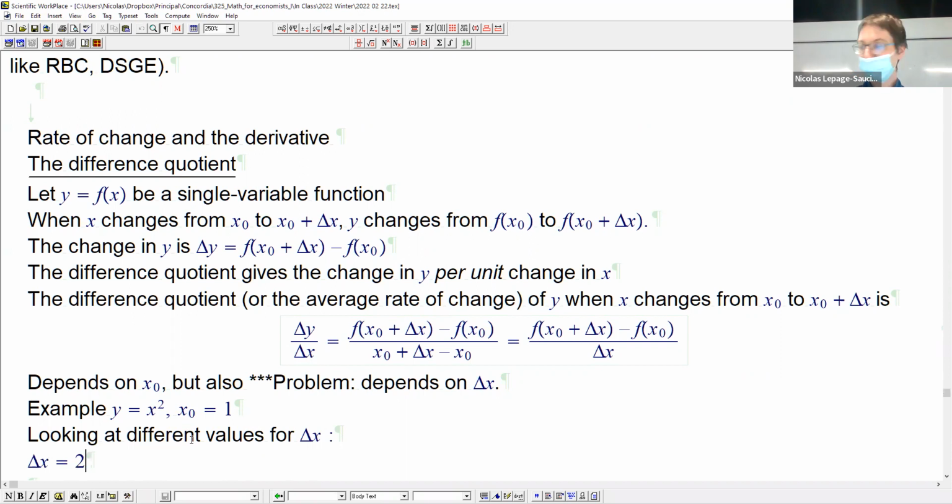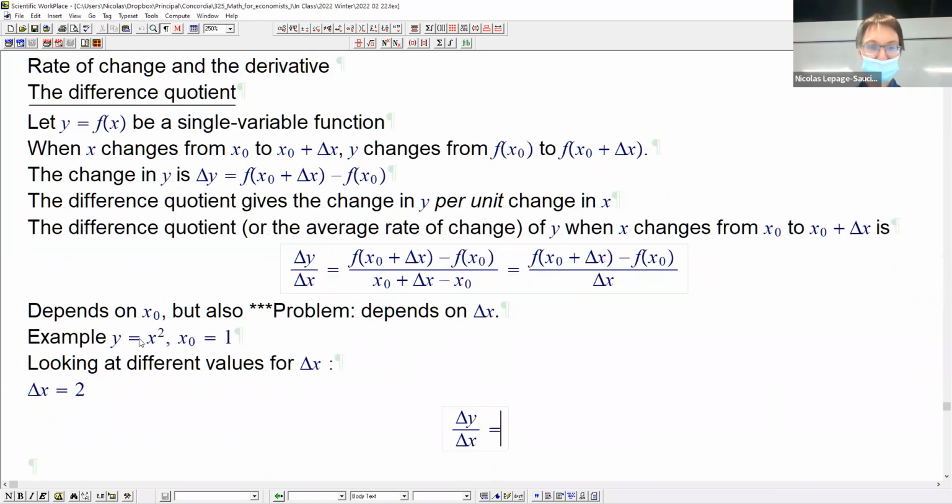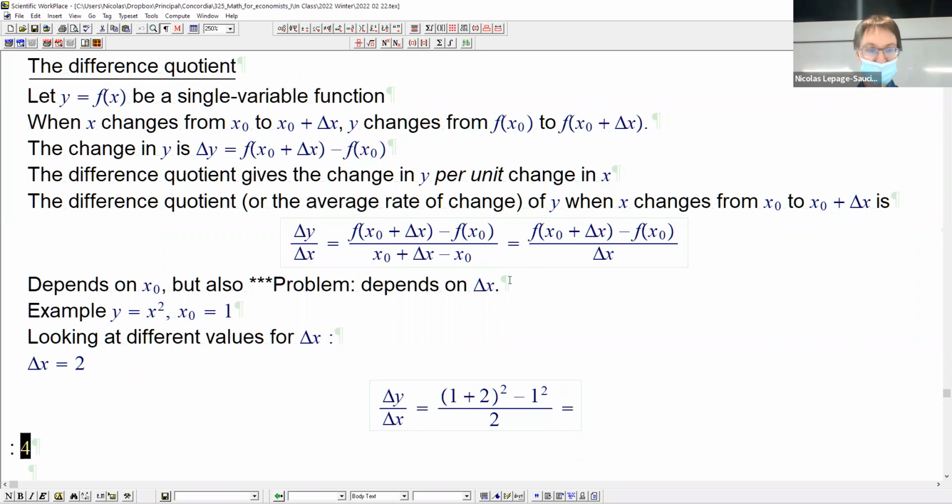If delta x equals 2, then what do I get? I get delta y over delta x. x0 is 1, so 1 plus 2 squared minus 1 squared, divided by 2, which gives me 4.